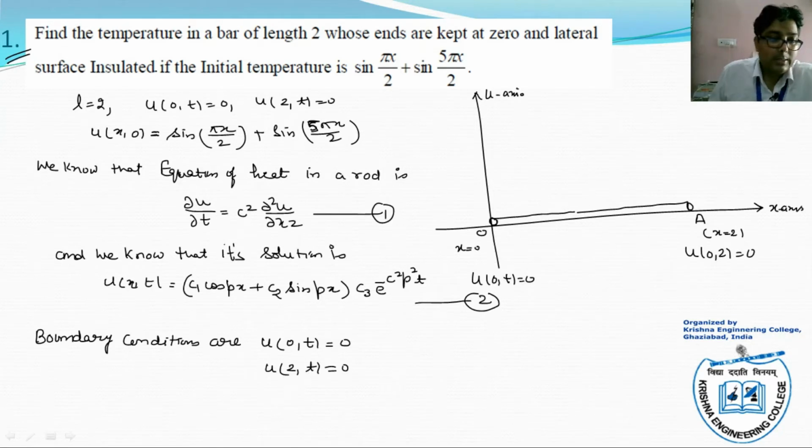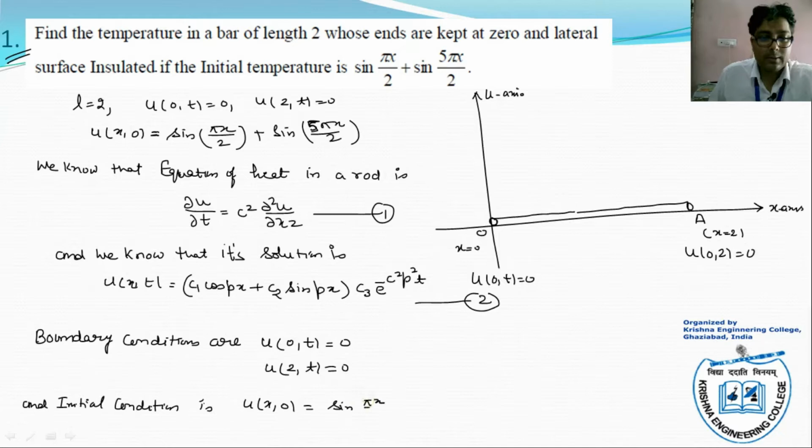And the initial condition is u(x,0) is equal to sin(pi x by 2) plus sin(5 pi x by 2).